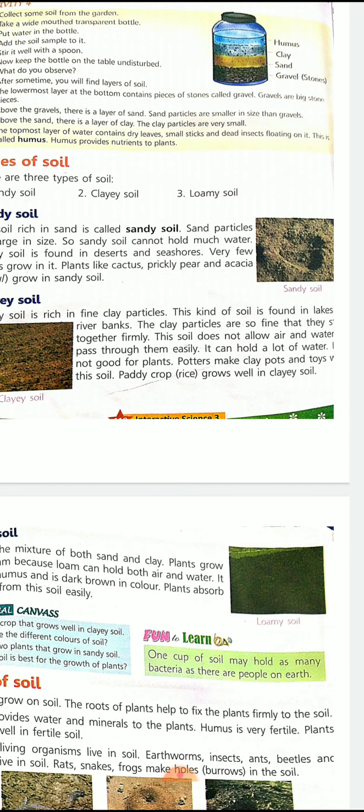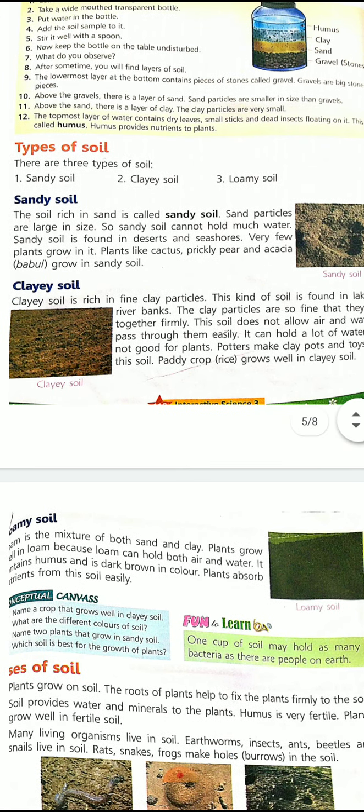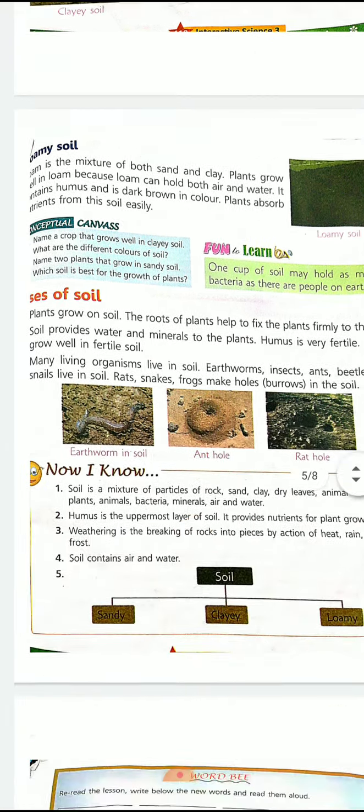Clay soil is the kind of soil found near lakes and rivers. These clay particles are so fine and sticky that the soil does not allow air and water to pass through easily. It cannot hold water. It is not good for plants. Clay soil is not good for plants. Okay, children?